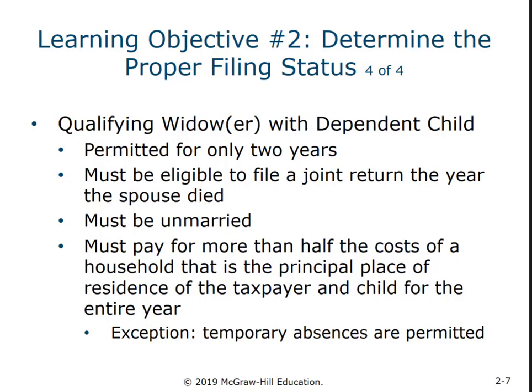So again, the definition of dependent, which we'll look at a little later here. So just having lost a spouse does not qualify you as a qualifying widower, all right? It's only if you have that child that you're supporting.